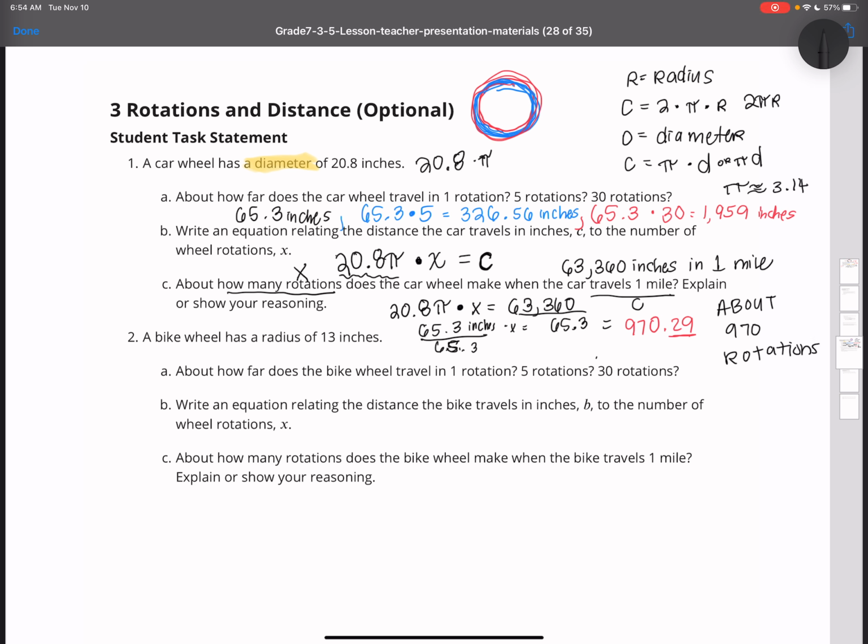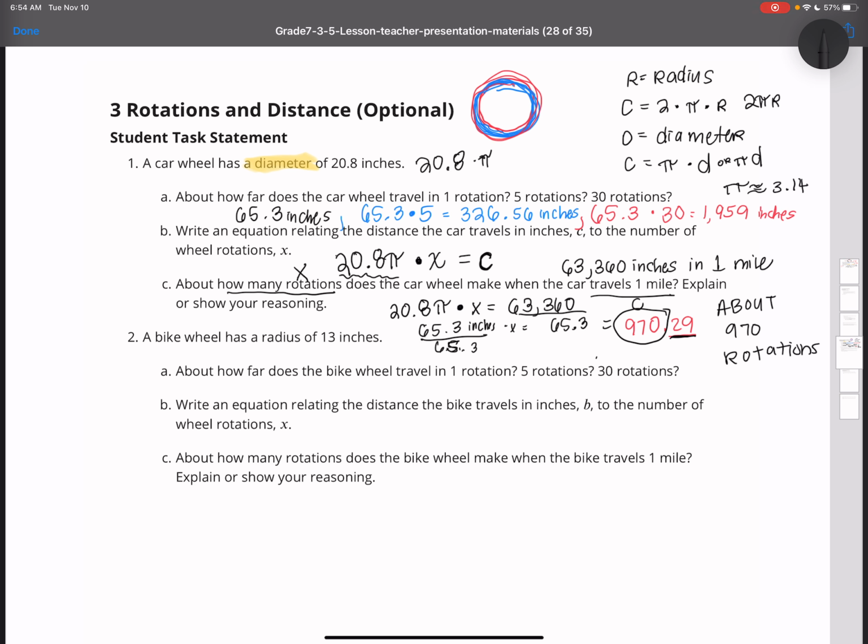Because remember, if we were to try to go over to accommodate this decimal value, we'd have to stop right at the beginning of the rotation. So it's not a full rotation, but you can at least get 970 rotations, but you wouldn't be able to fulfill the decimal. Okay. So now let's move on to the next one.